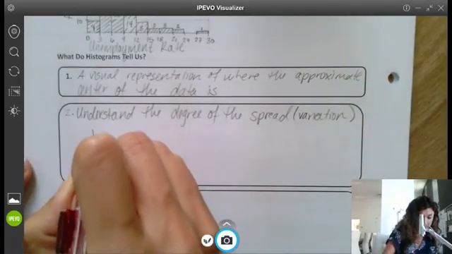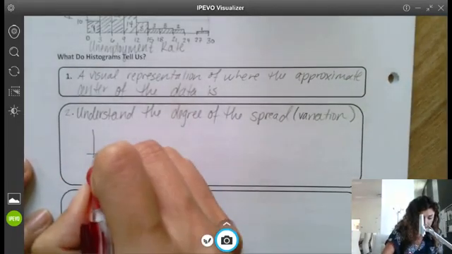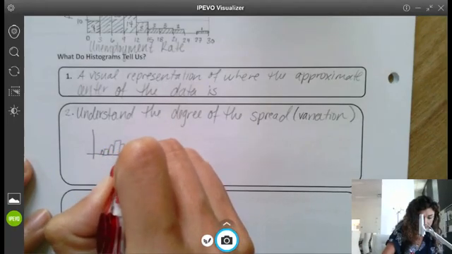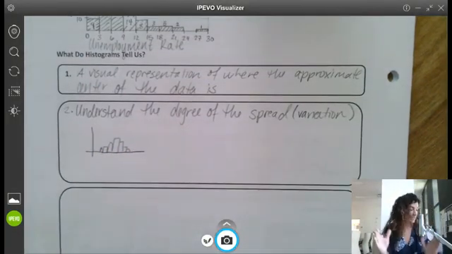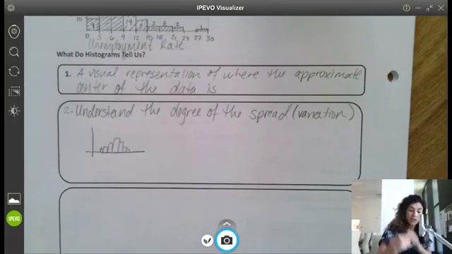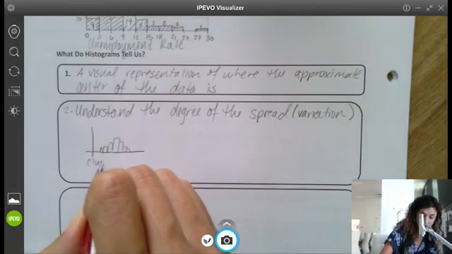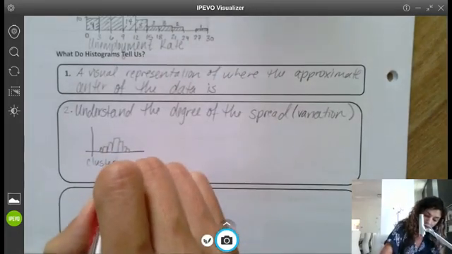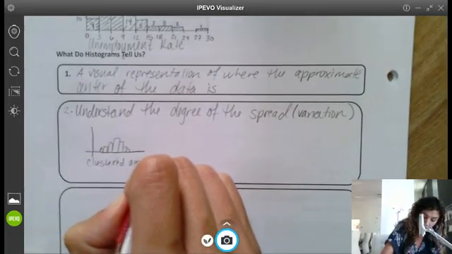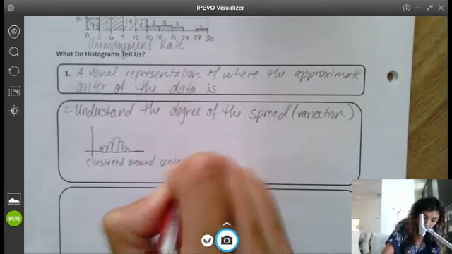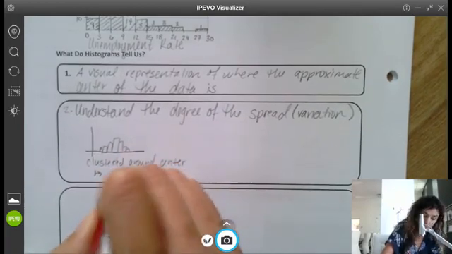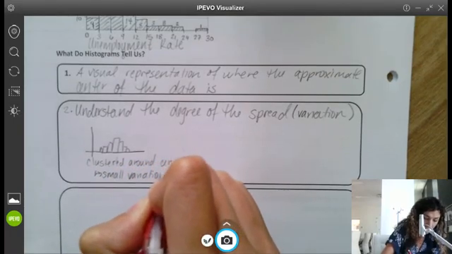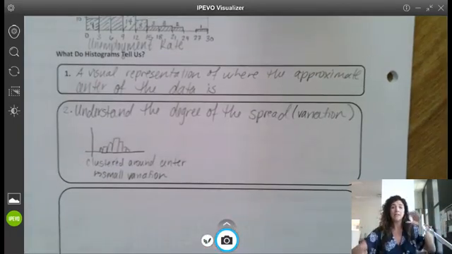So you can have a histogram that has data that looks something like this, and it's centered around or clustered around a center. This has small variation. There's not a whole lot of variance outside of this range of data.